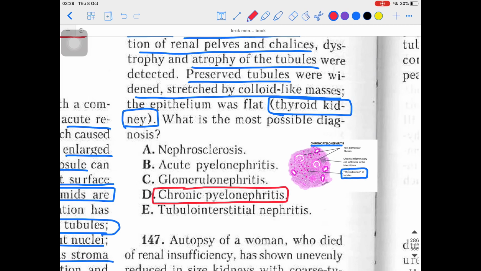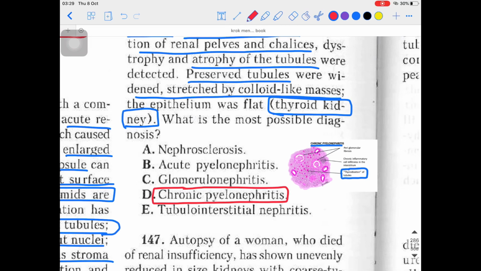It is irregularly scarred, so an irregular surface of the kidney will be appreciated, and usually there will be dilatation of the pelvis and the calyces will be blunted. All these things will be mentioned in the notes itself, or you can note down these points by pausing the video and going back again and again.